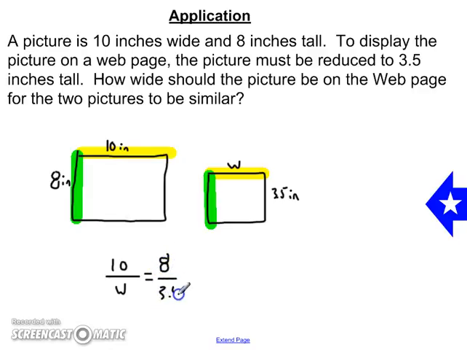Don't freak out because we have a decimal in here. That's no big deal. If you really have to, punch things into a calculator to get the work done. But okay, cross products, because we solve ratios and proportions through cross products. 8W is my cross product one way. 10 times 3.5 is 35.